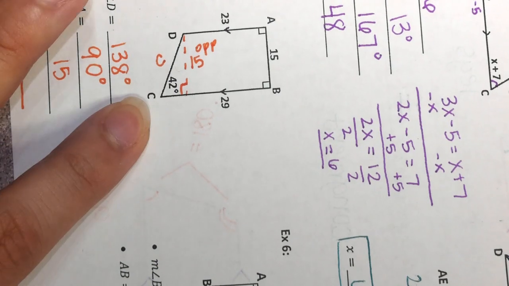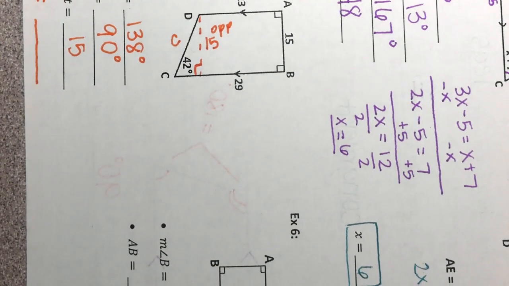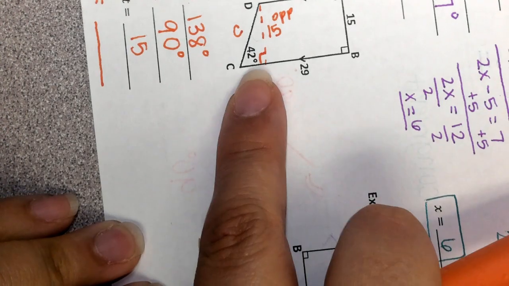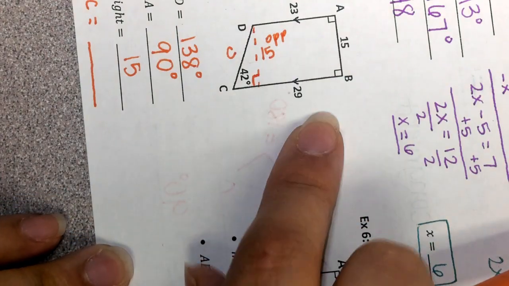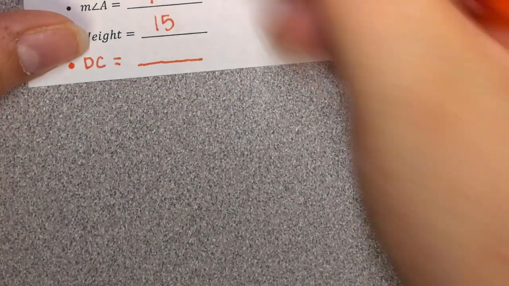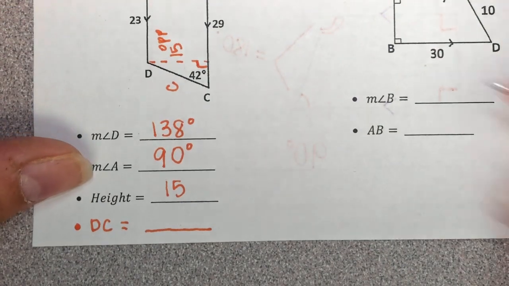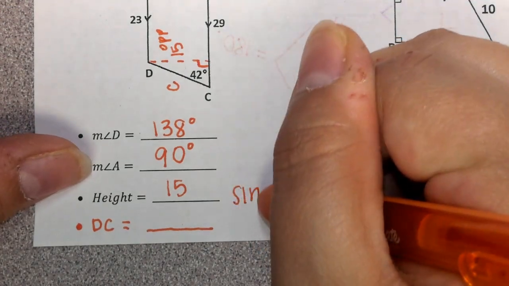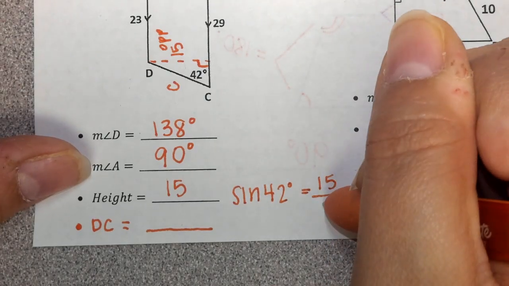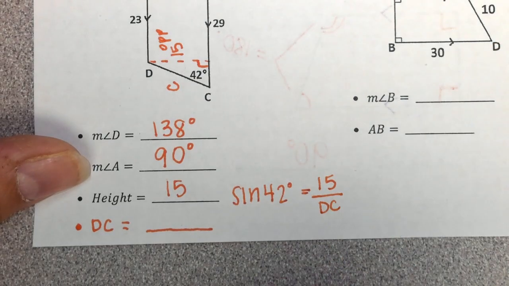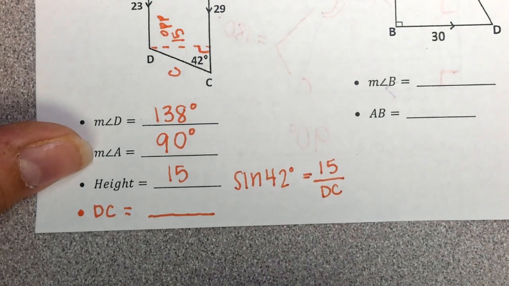I'm going to do sine, but if you want to do Pythagorean theorem, same thing. Don't you know the bottom right here? Oh, yeah, you do. So there's 2 ways to do this. I'm going to do the sine of 42 degrees, which is opposite over hypotenuse. How do I get DC by itself?